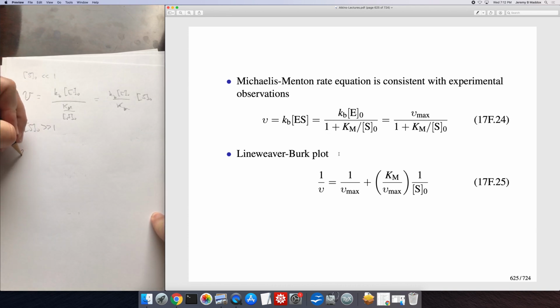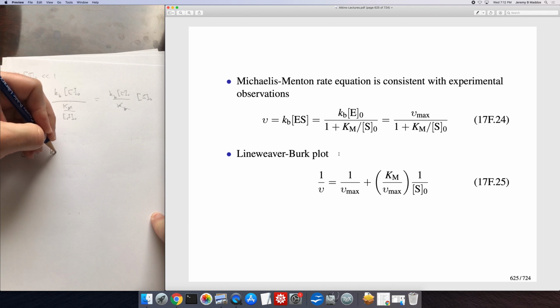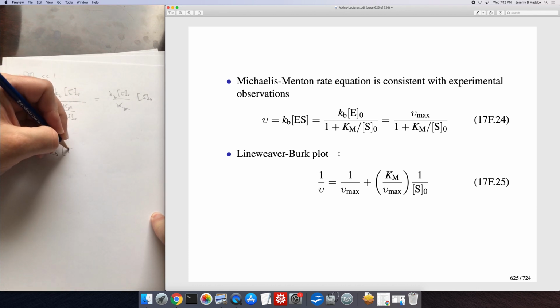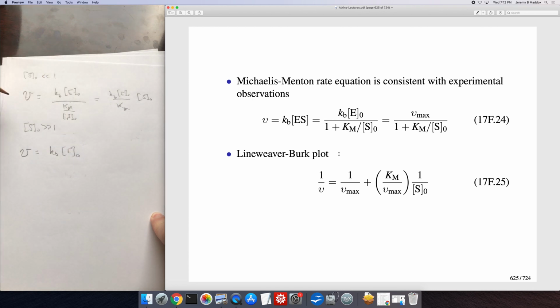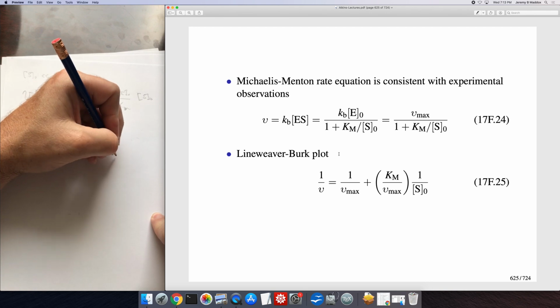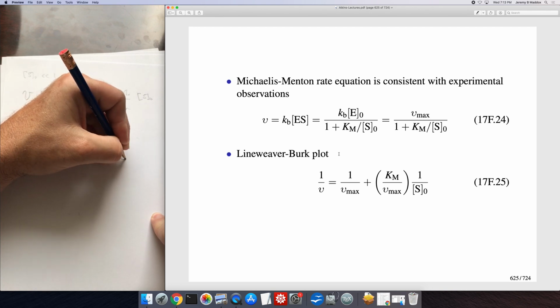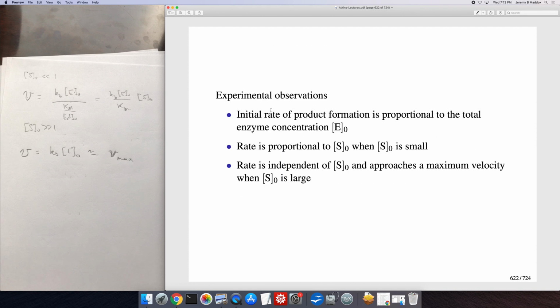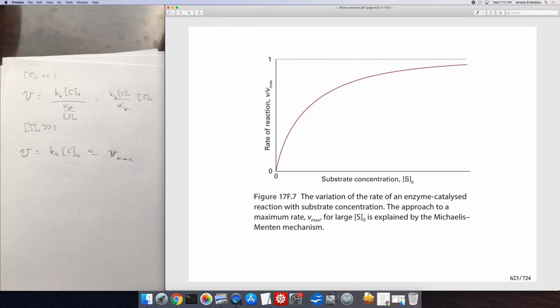And in that case, we would get that the rate would be Kb E0, which would effectively be this rate max. Okay, so the Michaelis-Menten mechanism leads to a rate law that satisfies all 3 of these observations.